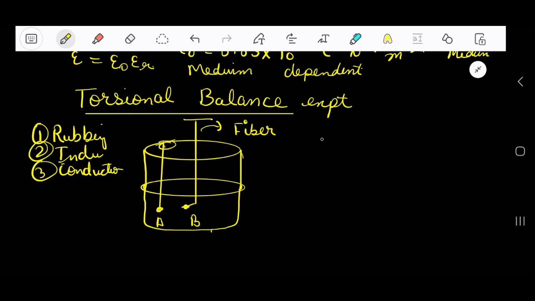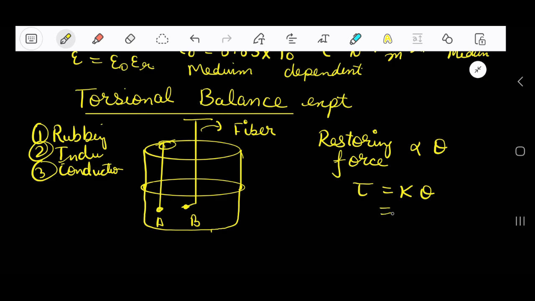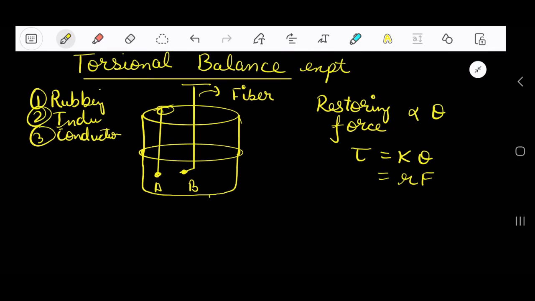The restoring torque is proportional to the angle theta, so the amount of rotation is equal to k theta, and it is also R F, right?